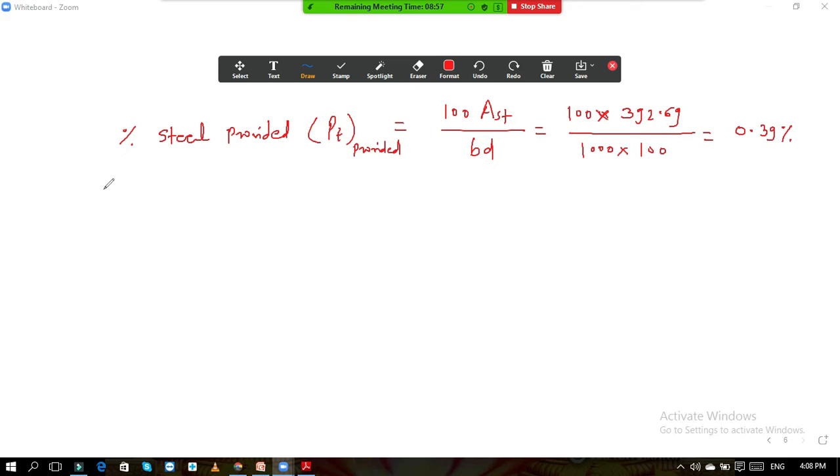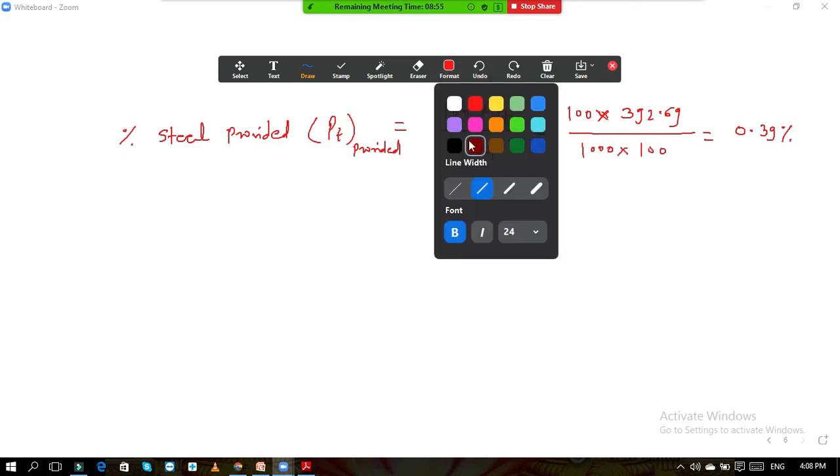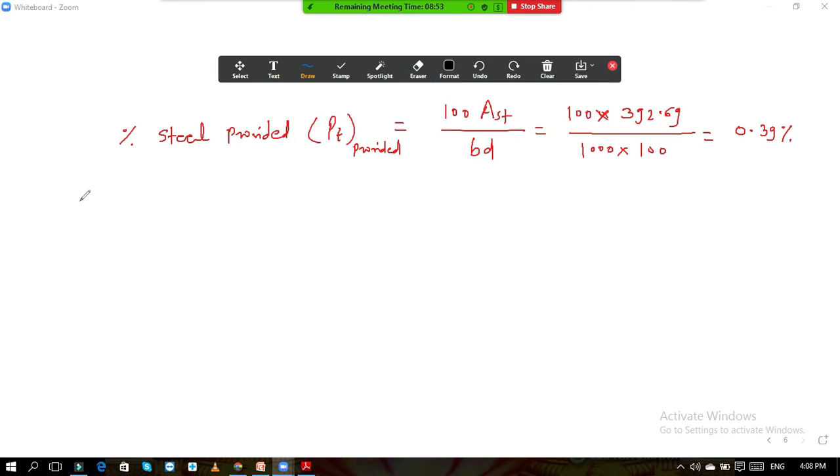After the percentage of steel calculation, next is the distribution steel. Now this is a one way slab, a one way continuous slab. In a one way slab, you know that the main steel is provided only along the shorter direction, only in one direction.